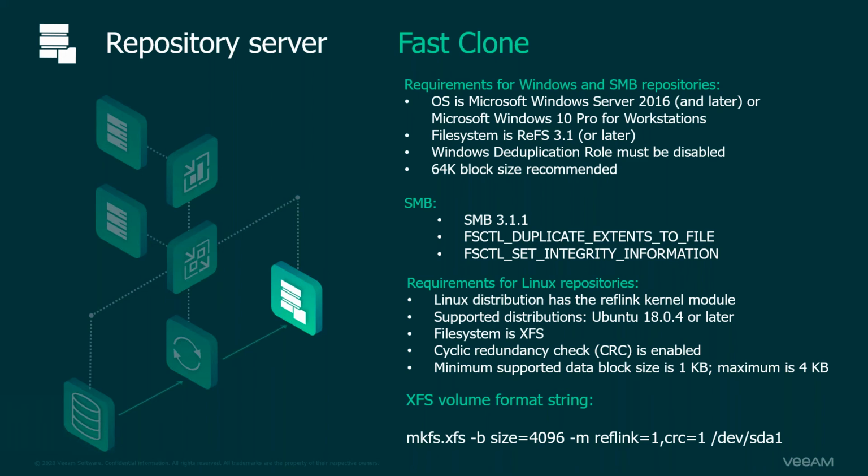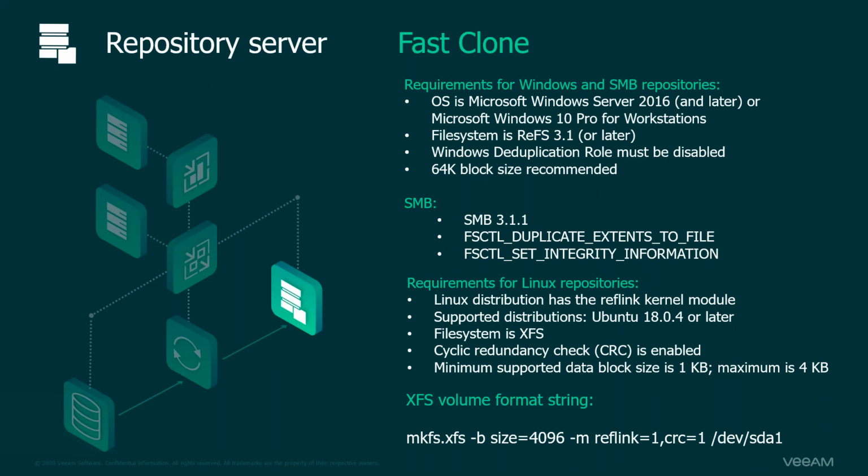When you are implementing fast clone, whether on XFS or ReFS, make sure that your repositories have enough RAM. If you're doing ReFS, make sure that you're using the latest updates for Windows 2016 or 2019. Microsoft has made a lot of updates to ReFS over the years, but we're still going to say 1 GB of RAM for every terabyte potentially of disk space you'll be consuming for your backups, up to about 180-some gigabytes of RAM as the cutoff.